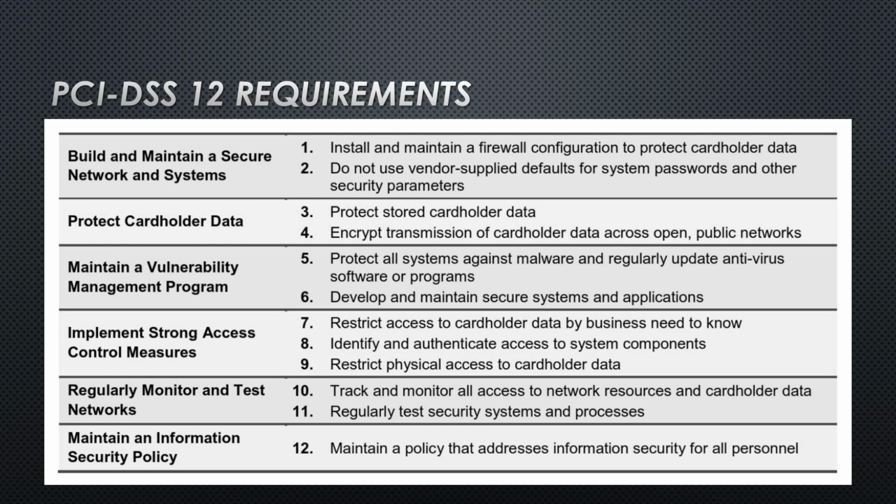Then there is the implementation of strong access control. Access control is one of the main things in implementing cybersecurity controls. There are two types of access control which PCI DSS emphasizes here: the first is logical access control, and then there is physical access control. In logical access control, PCI DSS says to restrict access to the cardholder data stored on the machines, the servers, the database.